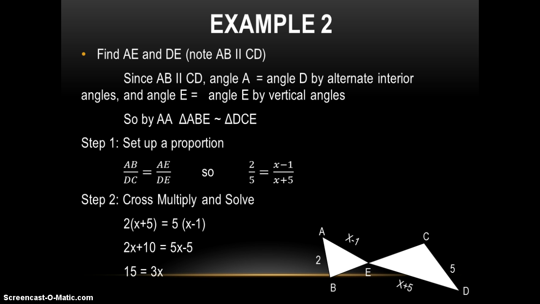So we get 15 equals 3x, and x equals 5. Now finally, step 3, we plug back in. So we have AE equals 5 minus 1, which is 4, and DE equals 5 plus 5 equals 10.